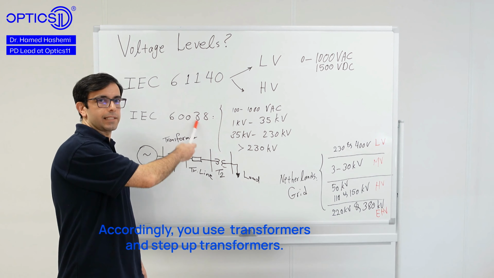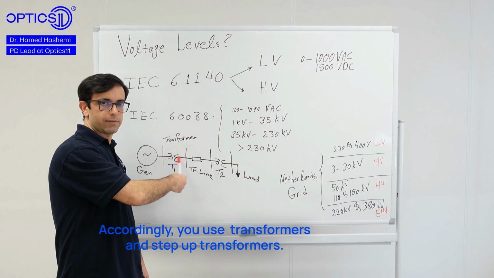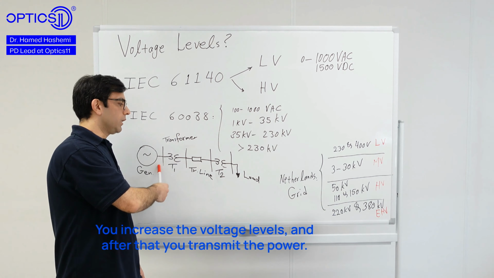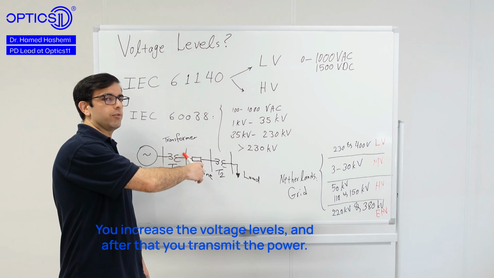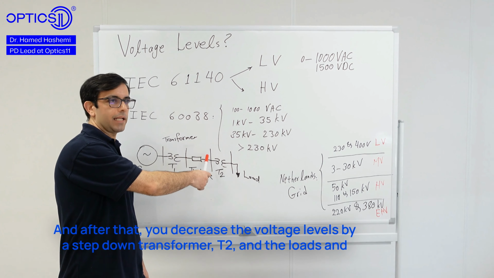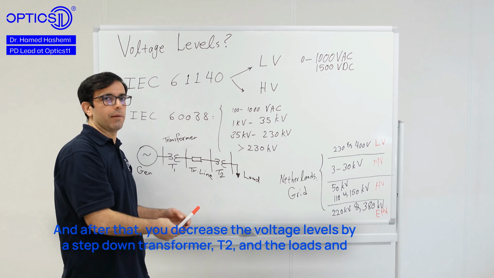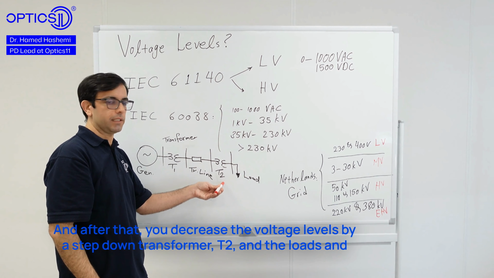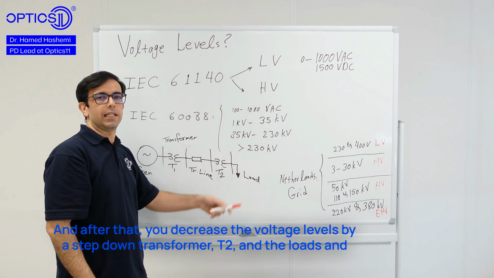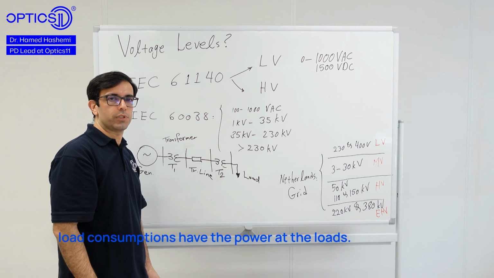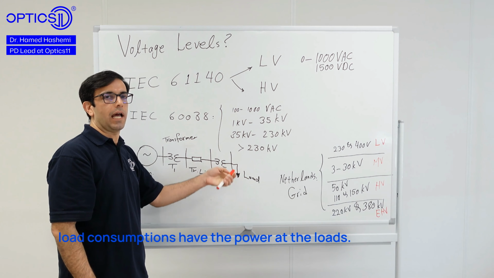Accordingly, you use step-up transformers. You increase the voltage level, then you transmit the power, and after that you decrease the voltage level by a step-down transformer, T2, and the loads consume the power.